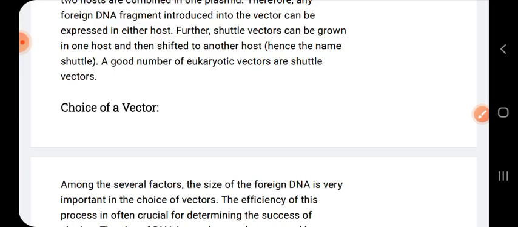That is Agrobacterium-mediated gene transformation: how the Ti plasmid and Ri plasmid are used as vectors, and how we introduce our desirable gene into the Ti plasmid and Ri plasmid and into the plant cells by the infection mechanism of Agrobacterium tumefaciens or Agrobacterium rhizogenes.